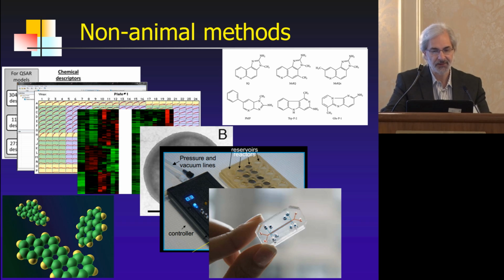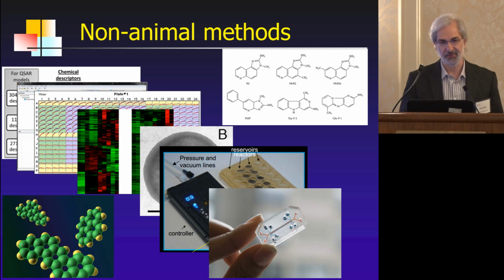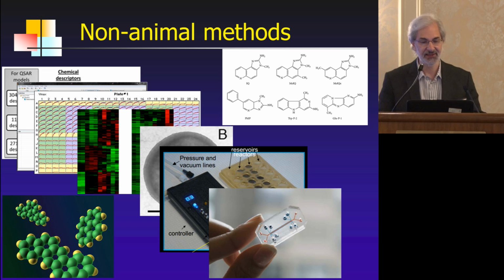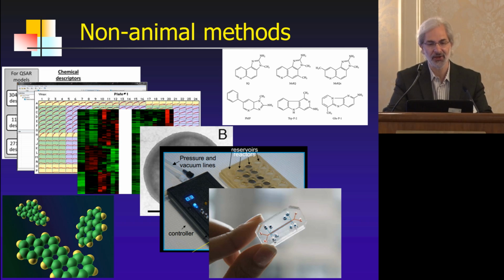All of these could potentially provide information either without any laboratory work, if it's in silico, or with in vitro approaches and non-animal testing to generate data that might be useful in ranking at least the compounds for their toxic potency. But it's not going to be easy, and I'm not giving any clear answers here. I'm just indicating directions in which people are thinking.